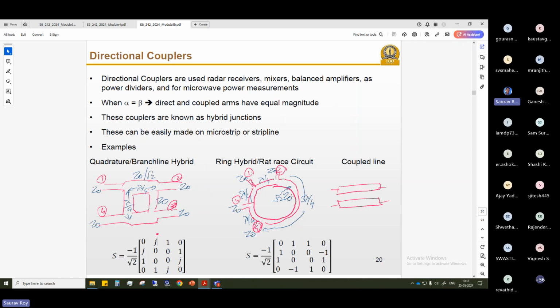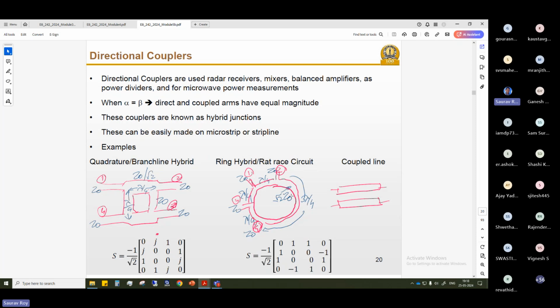So that is the basic theory behind this. The S parameter matrix is quite similar. If you give power from port 1, then at ports 2 and 3 again you get half power in both cases, and port 4 is again isolated. So that is the theory.